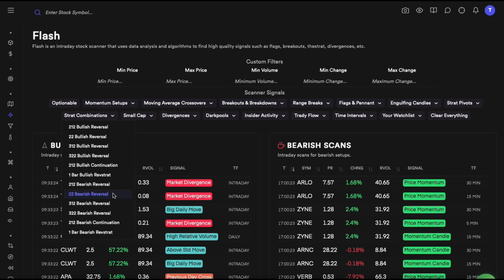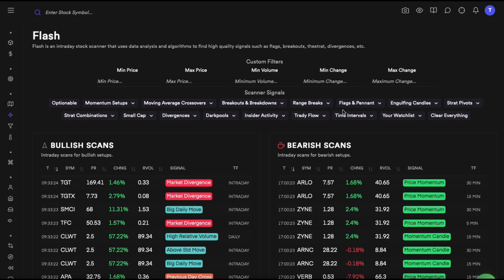If you don't know about it, just Google the strat, maybe write strat trading, and you'll find tons of videos and tutorials on what this is. We have signals for that as well, and then you can obviously clear everything, select different time intervals and things like that. Choose your own watch list as well.